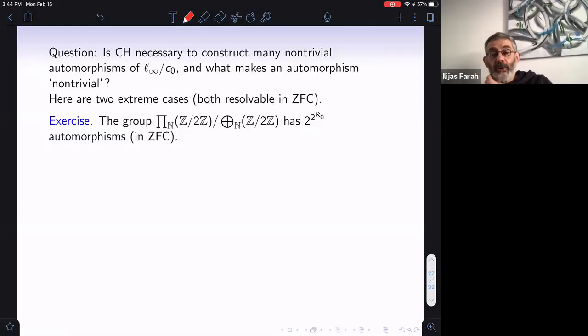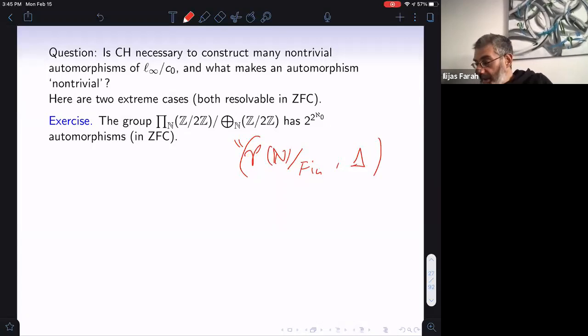Look at Z mod 2Z, just the cyclic group of order 2, the product of countably many copies of it, modulo the direct sum of countably many copies of it. Now, as a group, to a set theorist, this is just the power set of N modulo finite with respect to symmetric difference. Right, so each generator just corresponds to a singleton in the natural numbers.